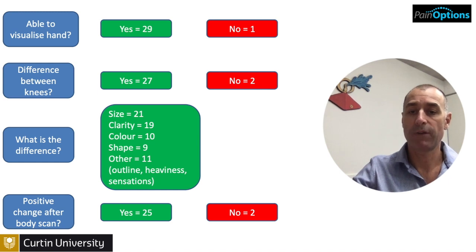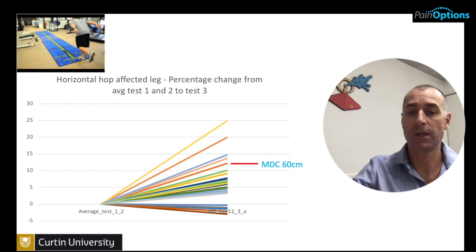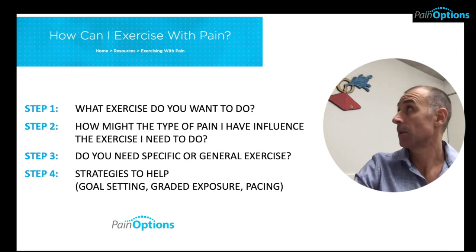But we also did these functional measures as well, and this one was horizontal hop. And about a quarter of the people that could do it had more than 60 centimetres improvement in a triple hop test immediately after doing that. So there's some seemingly correlation with changes in function when we get people to tune in or work on altering this body perception.